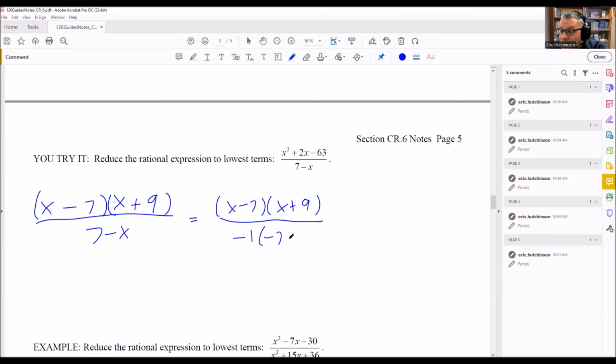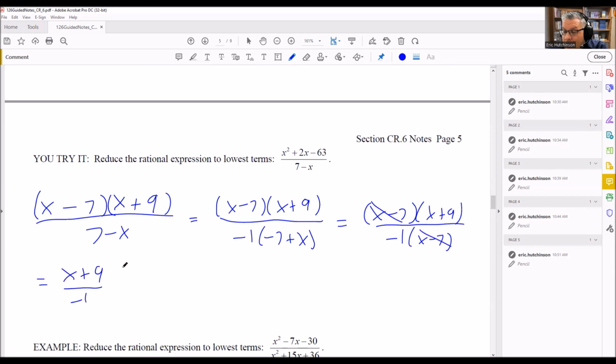So we get negative 7, positive x. Then you switch the order around on that. We have negative 1, and then negative 7 plus x is the same thing as x minus 7. Now we notice that there's x minus 7 on the top and the bottom, and that allows us to cancel it out. And we get x plus 9 over negative 1.